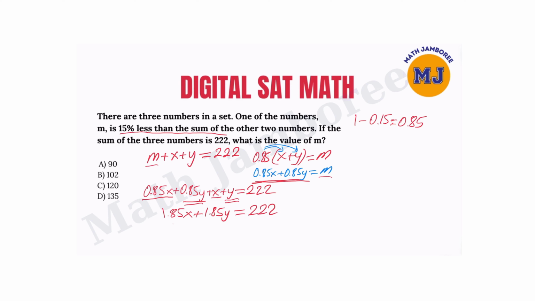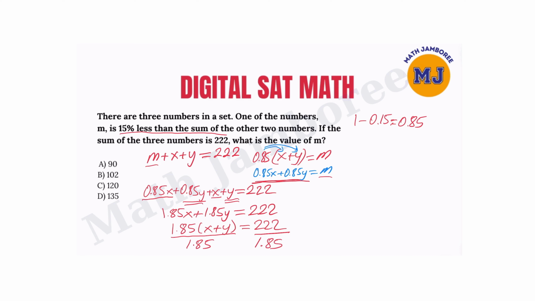So we can take 1.85 into parentheses because it's common in both. Then you have x plus y is equal to 222. To get the value of x plus y, we will need to divide both sides of the equation by 1.85.